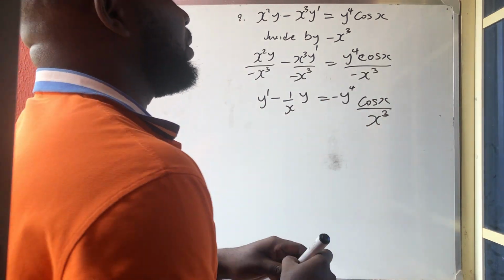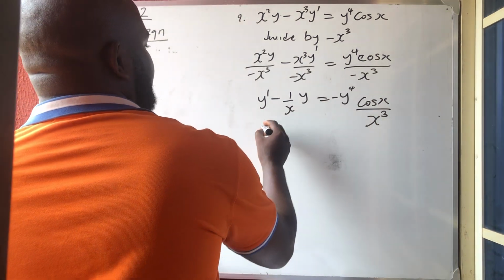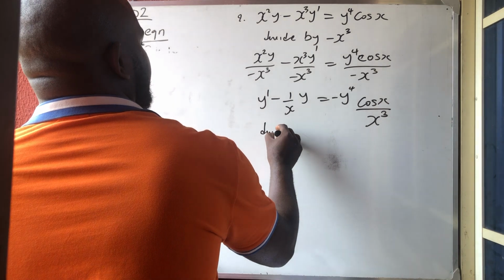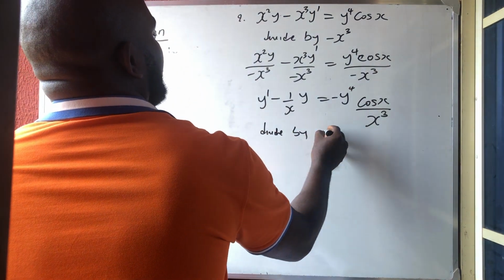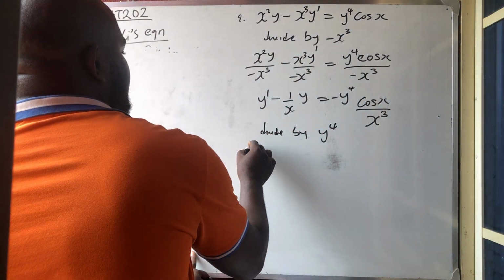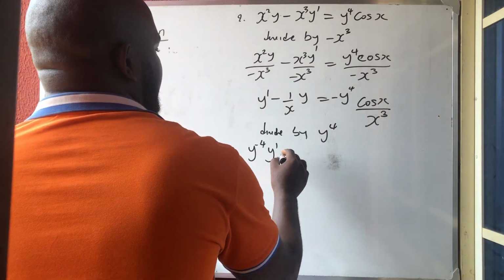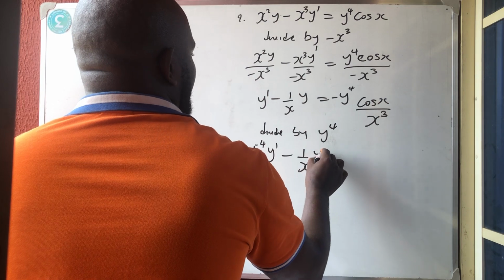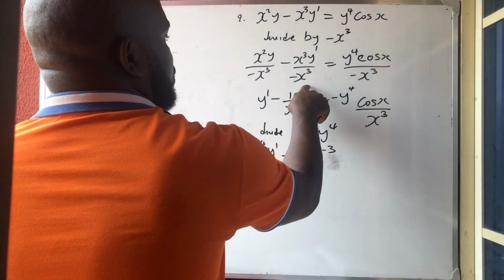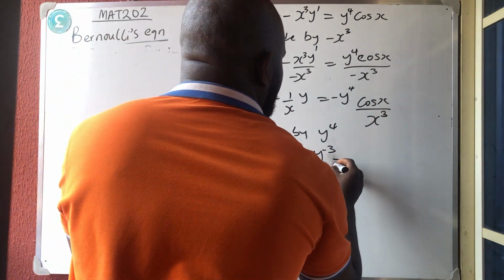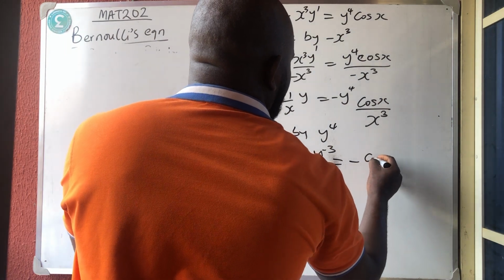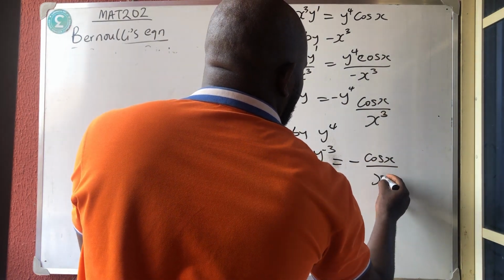So this is my problem. So divide everybody now by y raised to power 4. So I'm having y raised to power minus 4 y prime minus 1 over x y raised to power minus 3, because 1 minus 4 will give you minus 3, is equal to minus cos x all over x raised to power 3.